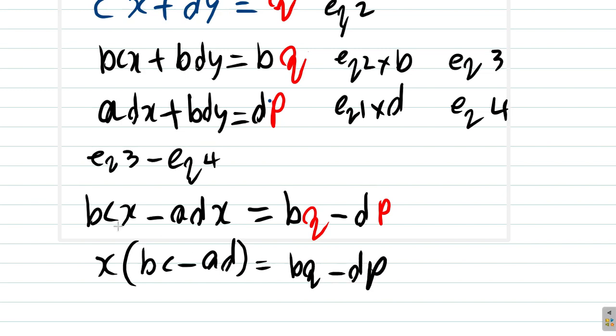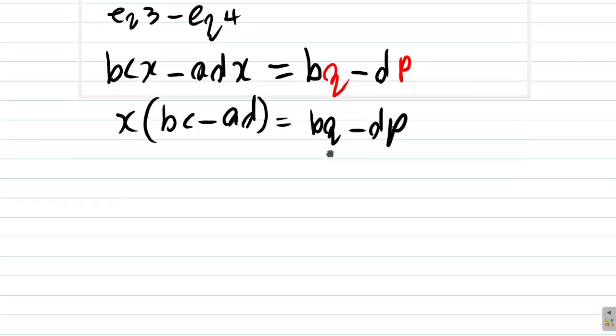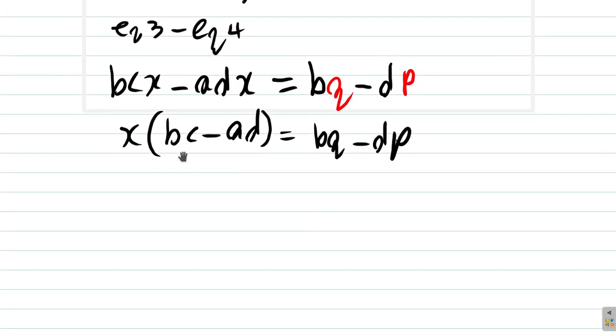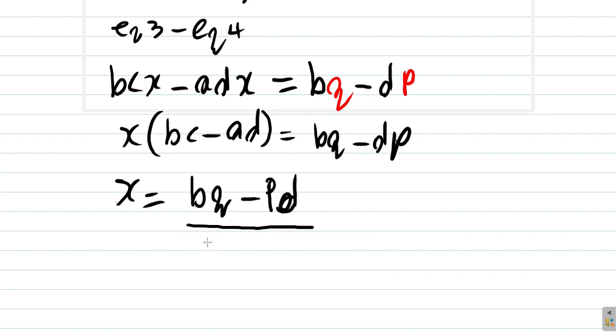So x is equal to bq minus pd over bc minus ad.